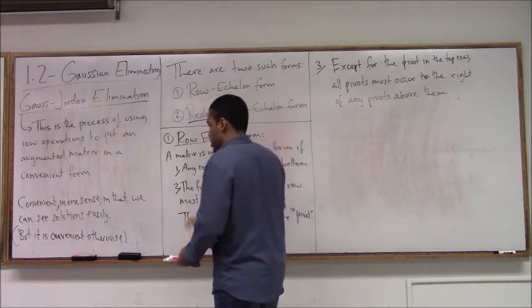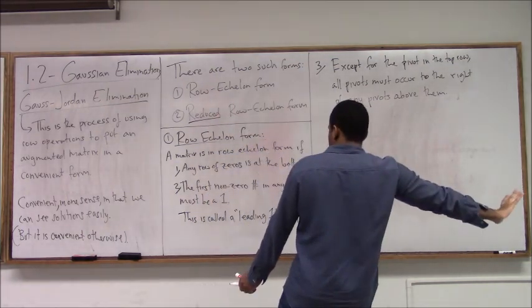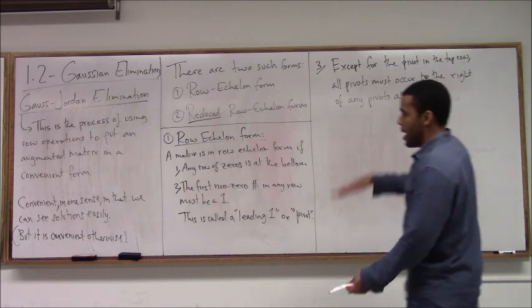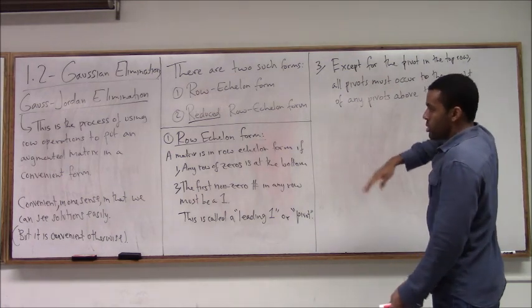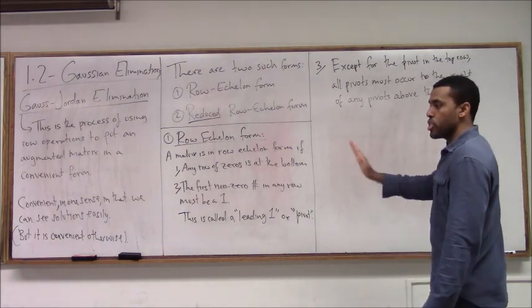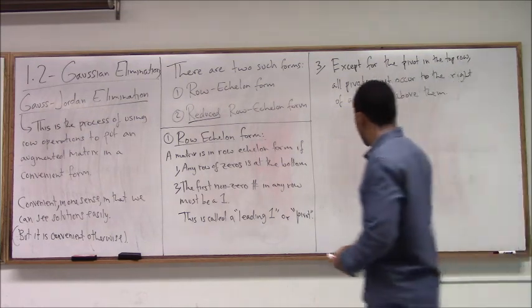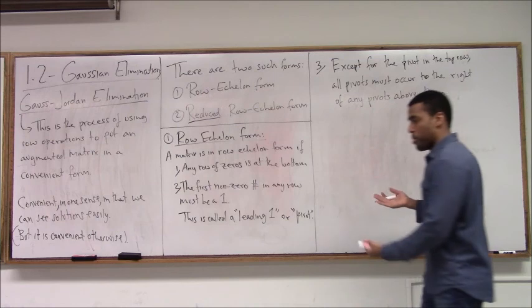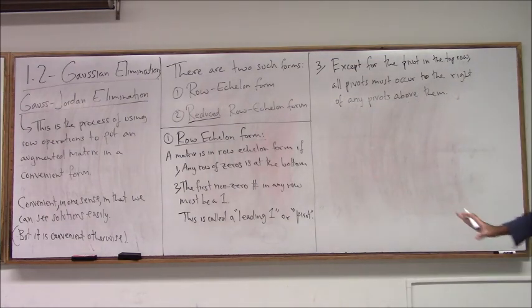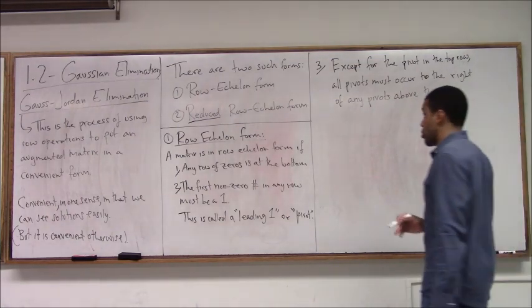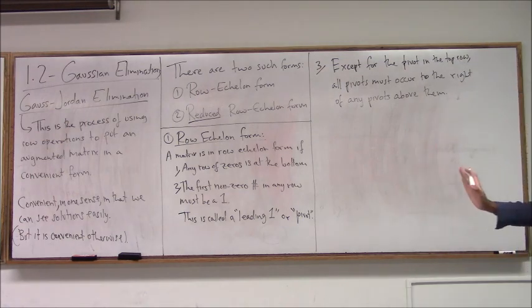So I want my pivots to cascade kind of going in this direction, right? So if I have 3 rows, my pivot in row 2 has to be to the right of the pivot in row 1, for example. If I have a pivot in both rows, the pivot in row 2 must be to the right of the pivot in row 1. It doesn't have to be immediately to the right, but it must be to the right.